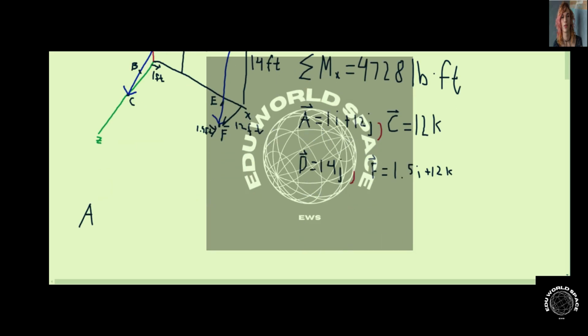So the AC vector, we can do C vector minus A vector, and this will give us negative 1i minus 12j plus 12k.